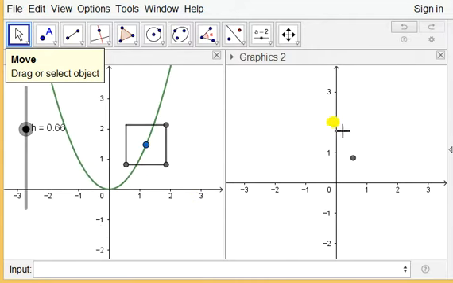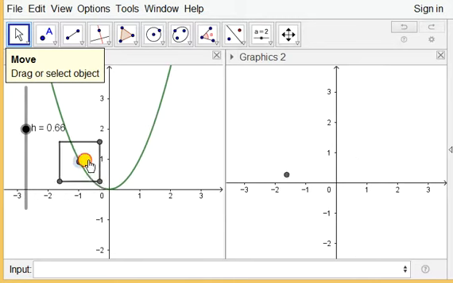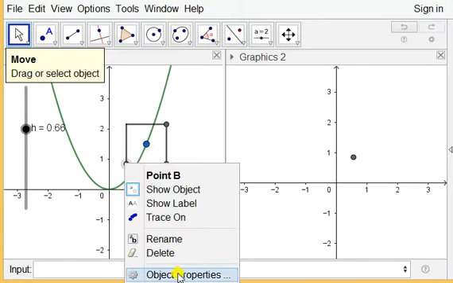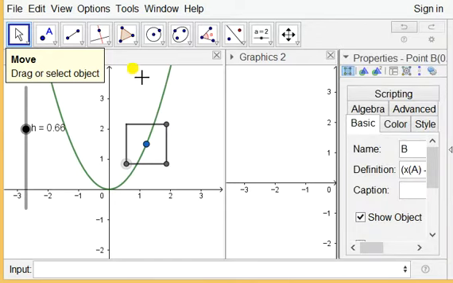The key point is this right-hand side. Whenever you move that point, the corresponding point is also moved. But now be careful. I think this point is for that one, right? We don't need it, so that should be only on graphics view 1.